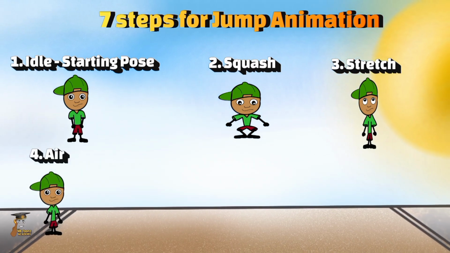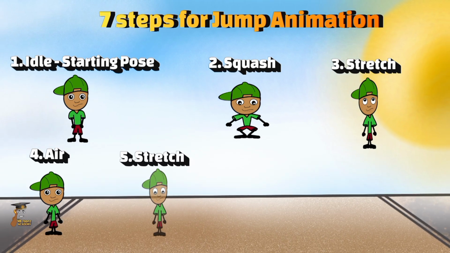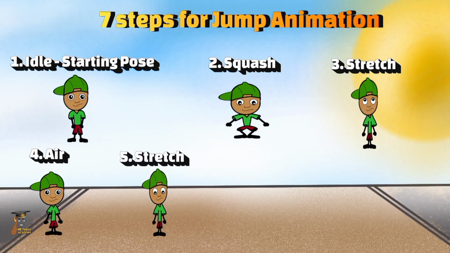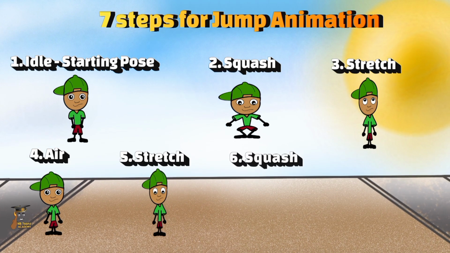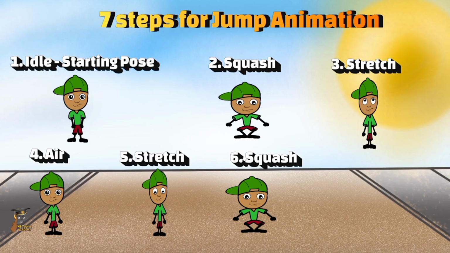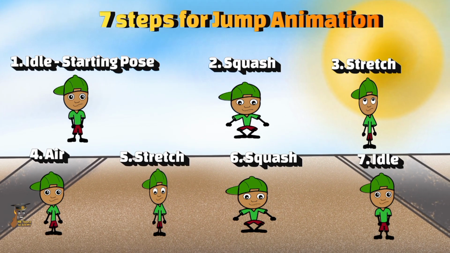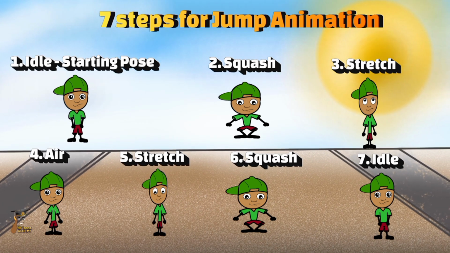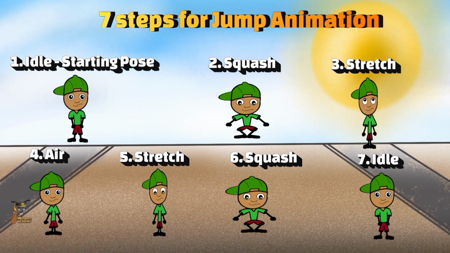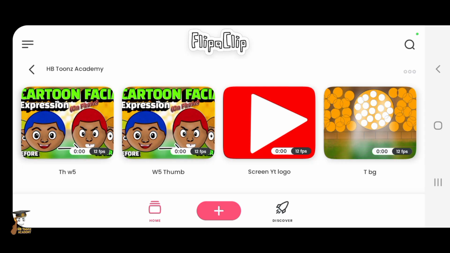Next, we bring back the stretch, whereby the character is coming down, and the sixth frame is the squash, where the character hits the ground. Lastly is the idle, whereby the character comes back into position for the recovery. Now let's get down to it, guys.